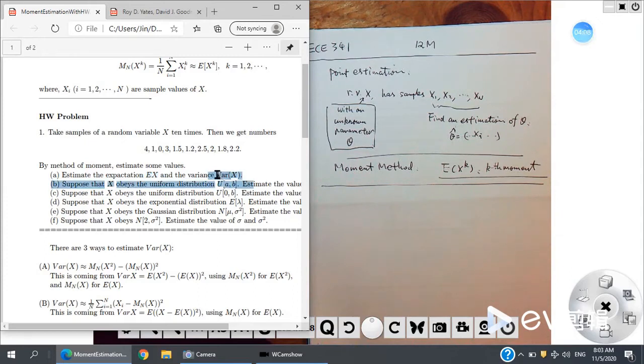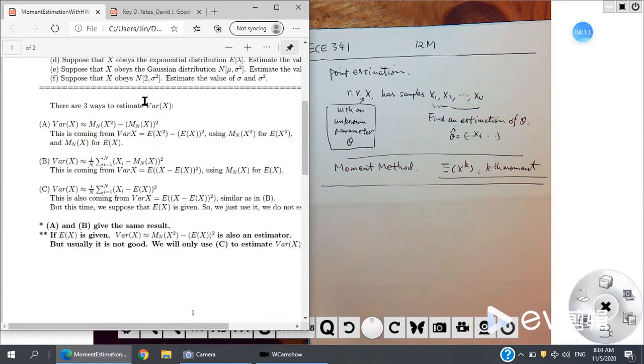Then how do we estimate the variance of x? Actually, here we have three ways. The first one is straightforward from the moment method, because we know this formula. I replace E of x squared by the mean value of x squared from n symbols, and E of x also by the mean value of x from n symbols.